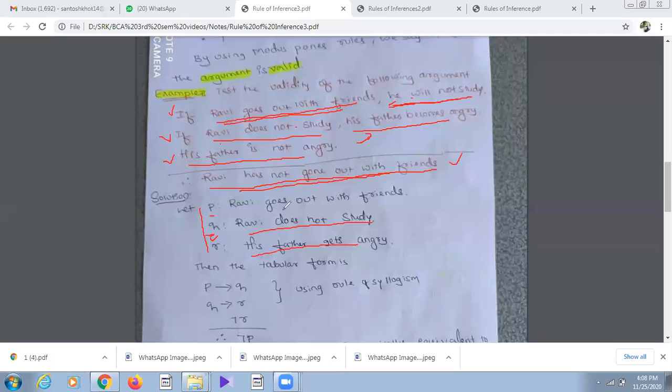Ravi goes out with the friends is P. He will not study, meaning Ravi does not study, is Q. So we denote it as P conditional Q. The second premise: if Ravi does not study, that is Q, his father becomes hungry, that is R. So Q conditional R. Third, his father is not hungry is the negation of R.